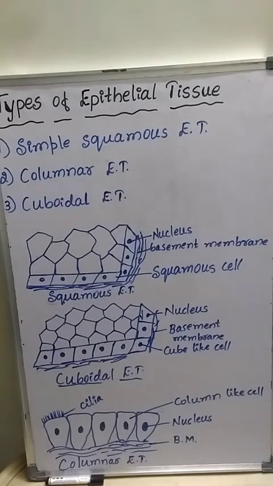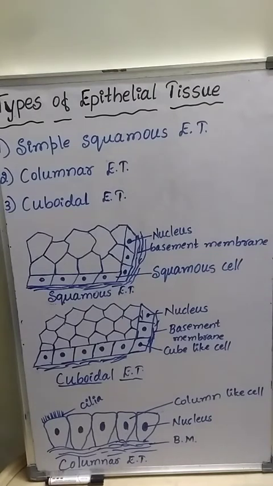So the locations of simple squamous epithelium include the lining of the mouth and the esophagus, also called the food pipe. The esophagus is present next to the pharynx, between the pharynx and the stomach.